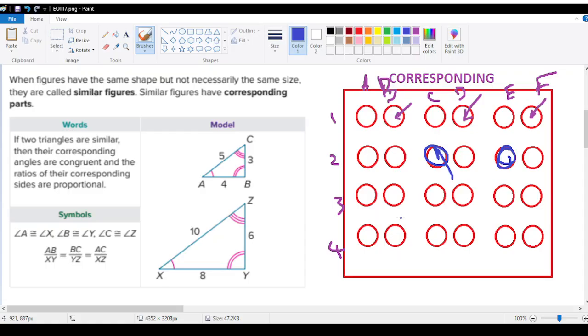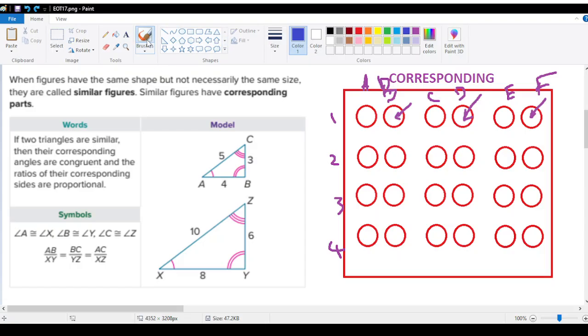How do we find the corresponding? It's the same location but in a different group. Same place. Here I said 2C, so it's on the left side of the group. You're going to pick the same place from the other group. So you will pick the left here.